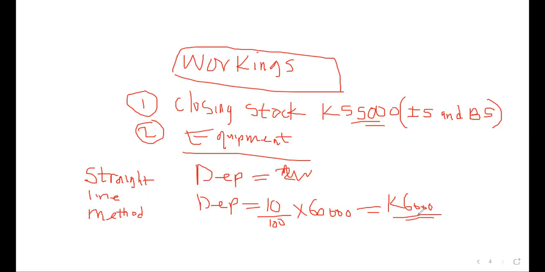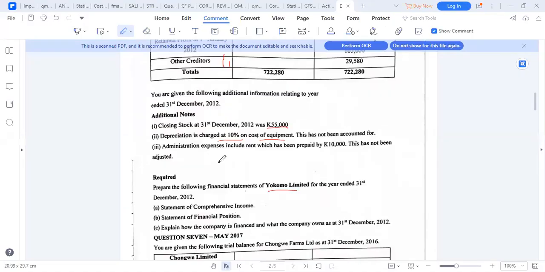Now, getting down to working three. Working three is saying admin expenses include rent which had been prepaid. Any prepayment should be carried forward. You don't have to overstate your amount. You overpaid for admin expenses, a prepayment amounting to 10,000.